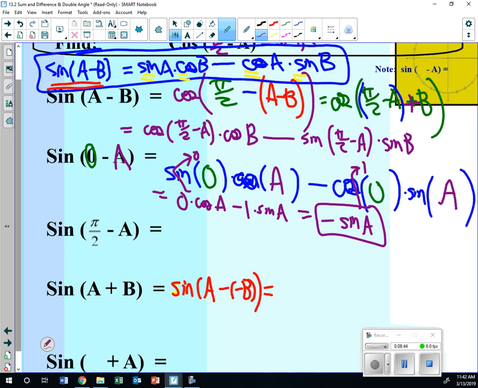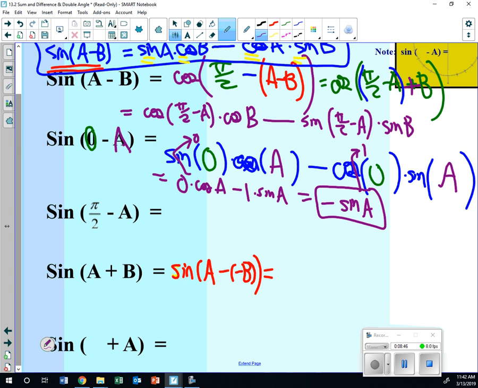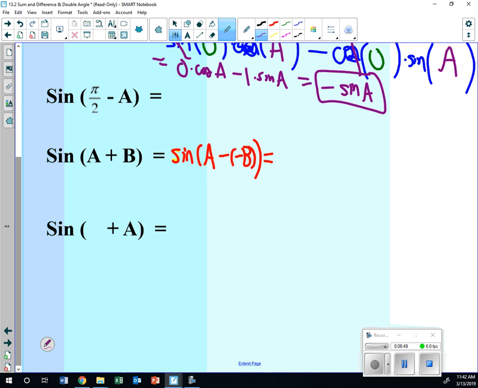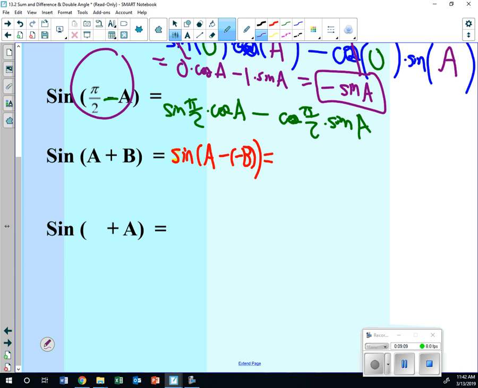And then hopefully these are going well. Just because of time, I'm going to keep things rolling here. This is going to be the sine of the first times the cosine of the second. This is minus, so we'll keep the minus. Cosine of the first times the sine of the second. Okay. And then on the unit circle, at pi over 2, my coordinate is (0, 1).